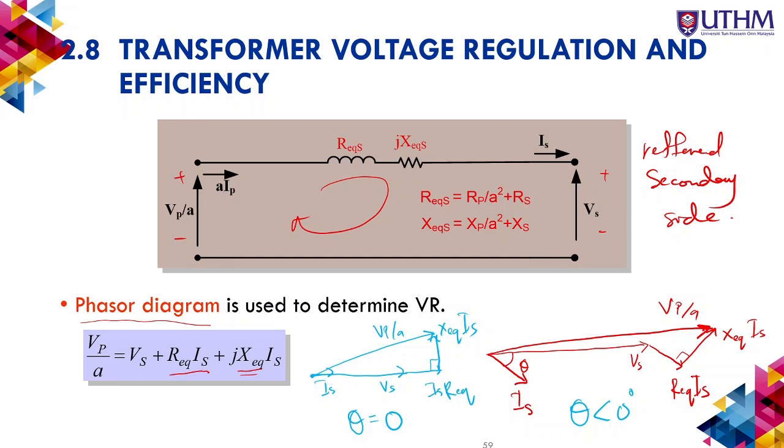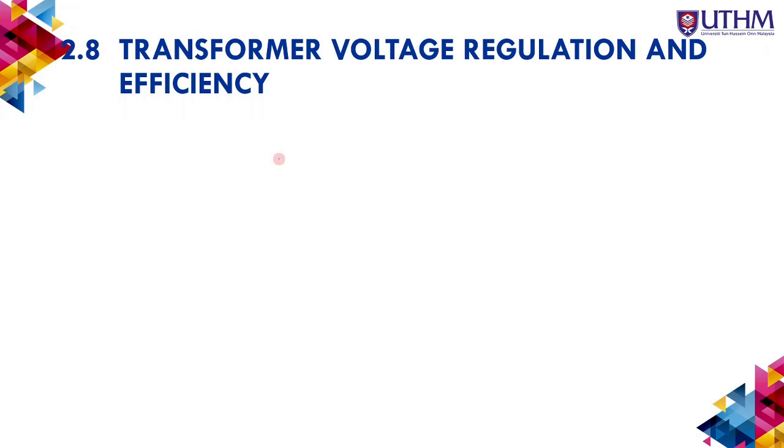Okay, so macam mana pula kalau dia leading? Kalau dia leading sebenarnya lebih kurang juga. VS, so kalau dia ni IS, so sini akan jadi IS R equivalent.